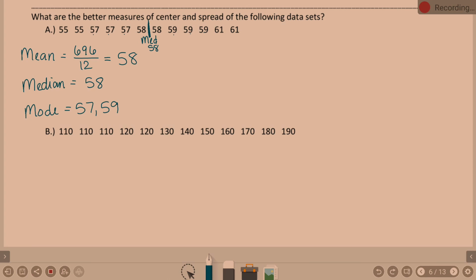With that information, what would you guess about this data? Okay. My mean and median are the same. My modes are on either side of that. Does that make everything about the same here? Yeah, I would say so.